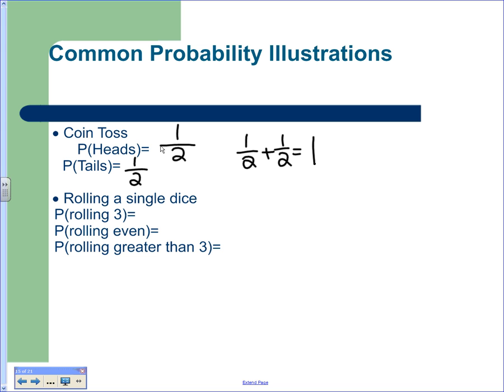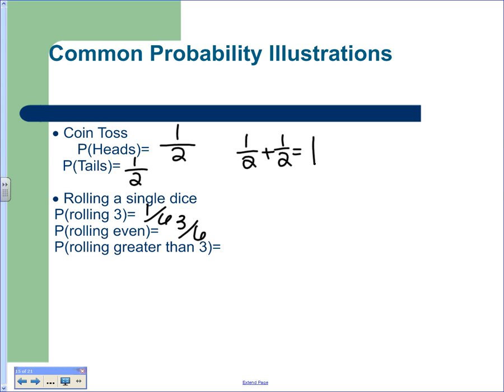Okay, what about for a single die? How many options are there for a die? 6. Why 6? Okay, so rolling a 3. There's only one side that has a 3. Okay, what about an even number? How many options do we have total? How many are even numbers?